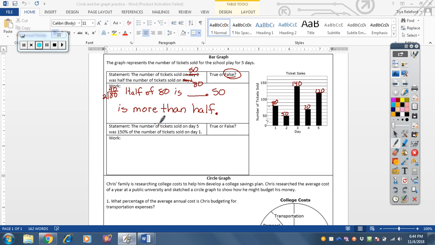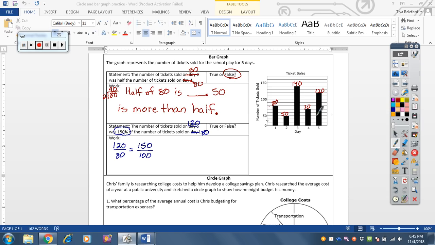Then it says the number of tickets sold on day 5, which I have as 120, was 150% of the number of tickets sold on day 1, which I remember is 80. So for this, I'm going to set up a proportion. Percent over 100, day 5 over day 1.